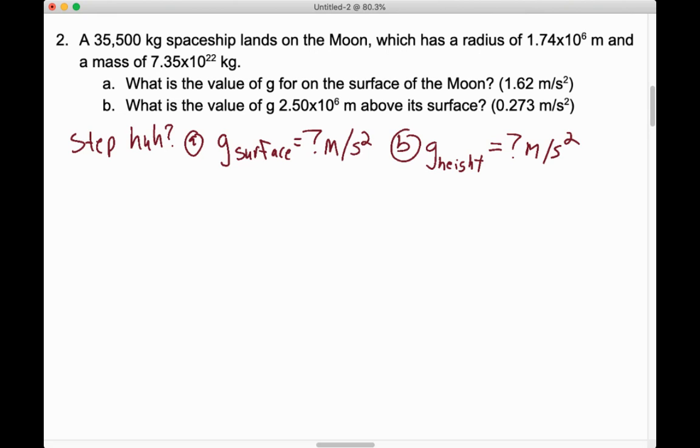All right, part A is really easy. It's just plug and chug. Little g is equal to, and check the footer to find the formula you want, big G times big M over r squared.